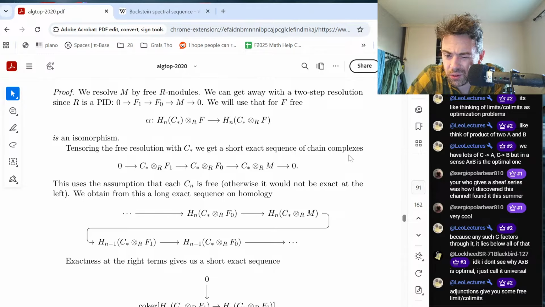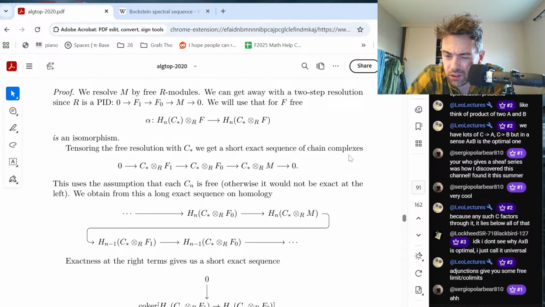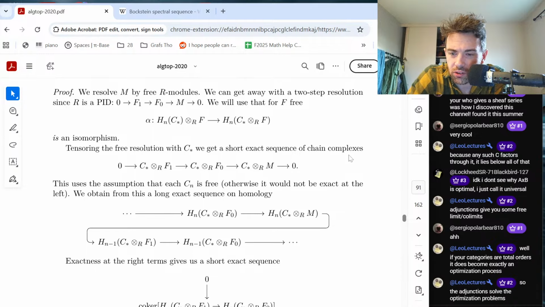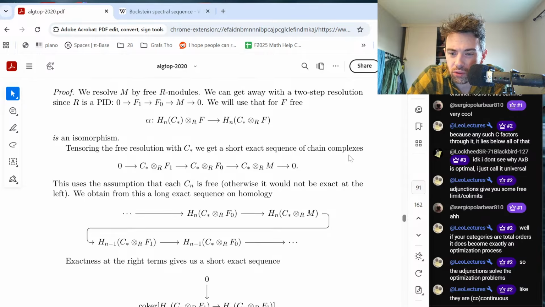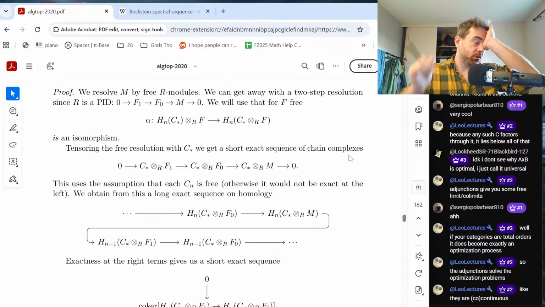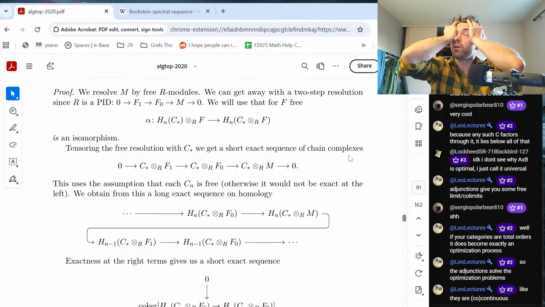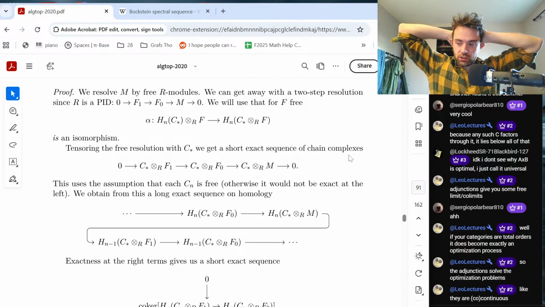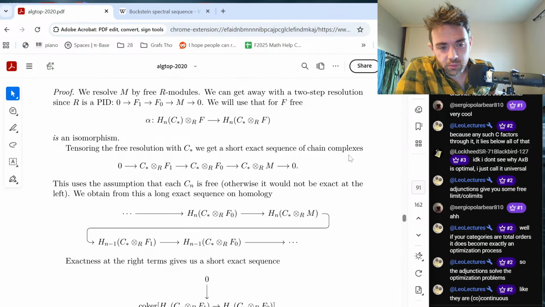You don't see why A cross B is optimal? Just call it universal? Well, not every limit is a product. Adjunctions give you some free limits and colimits. Yeah, if your categories are total orders, yeah. But this comes up a lot of times. Like one of the students I tutor online. Hey, if you want to shell out some big bucks for some tutoring, let me know.